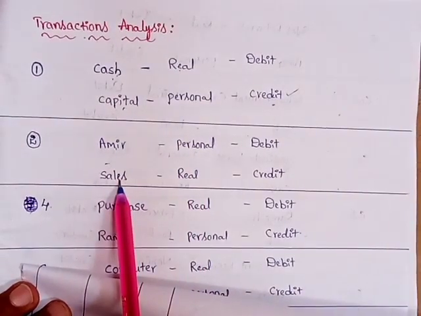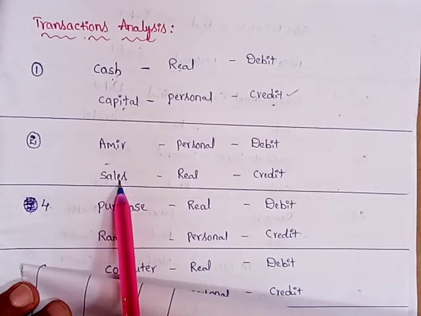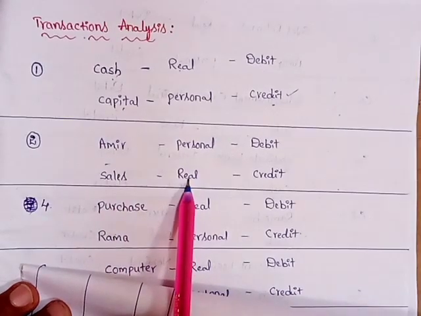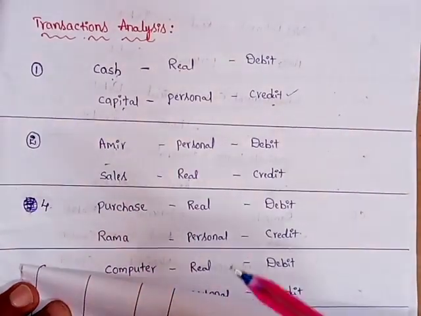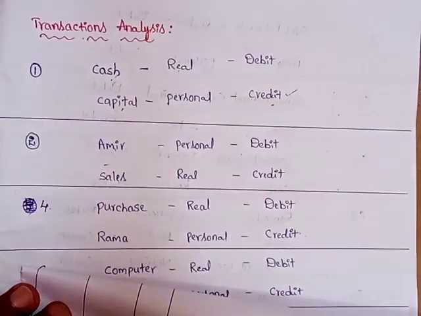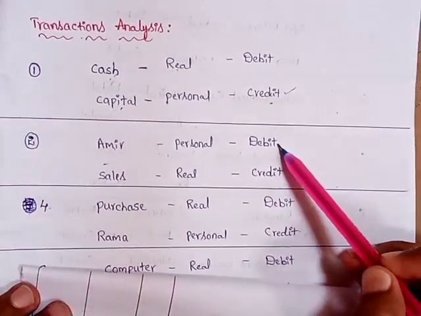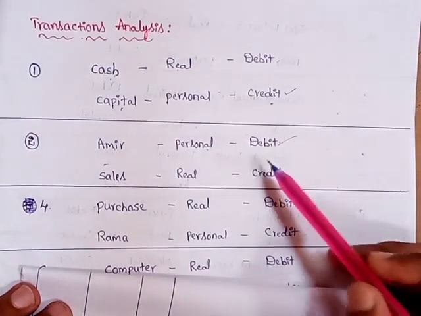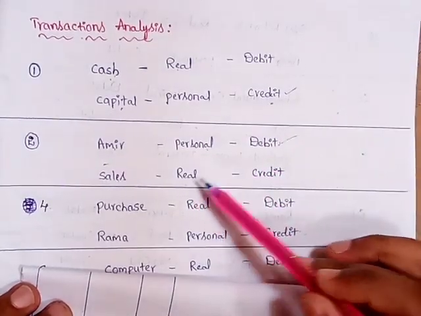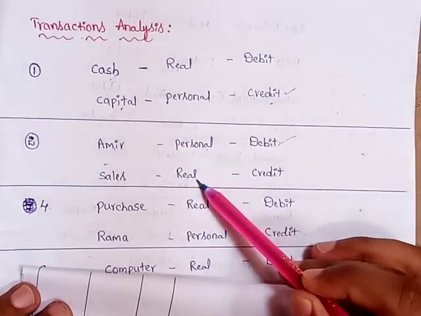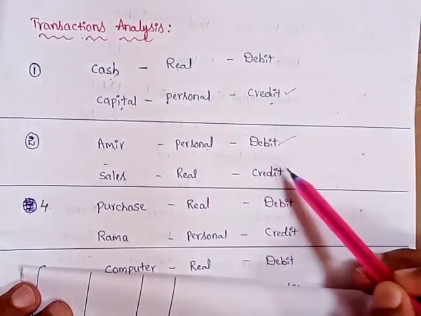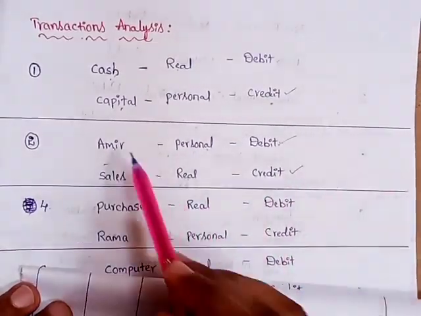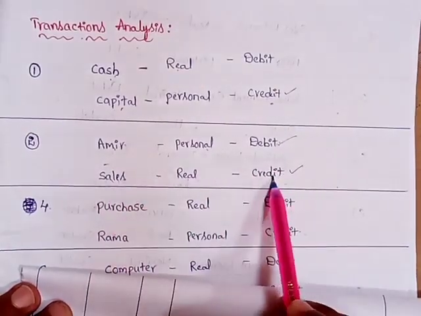Sales, we are selling goods here, so goods is an asset, that's why it's a real account. Here Amir is a receiver, so according to personal account receiver will be debit. And when we sold, goods go out from the business. According to real account, what goes out will be credit. So Amir debit, sales credit.